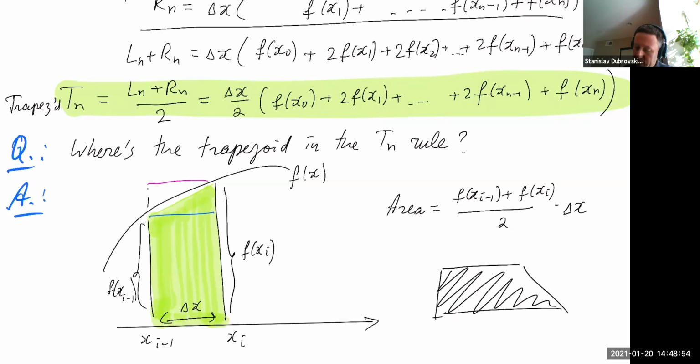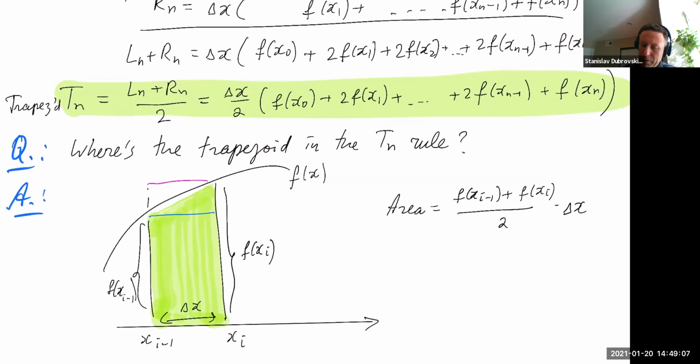So based on this area of the single trapezoid, the entire area, if you sum up all the trapezoids, of course I'll leave it to you to sum them all up. You should get exactly the formula that we've gotten.